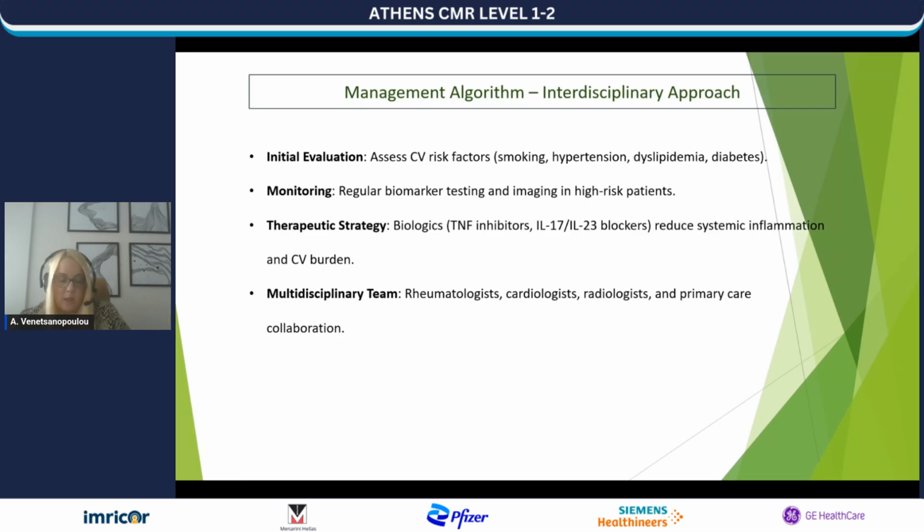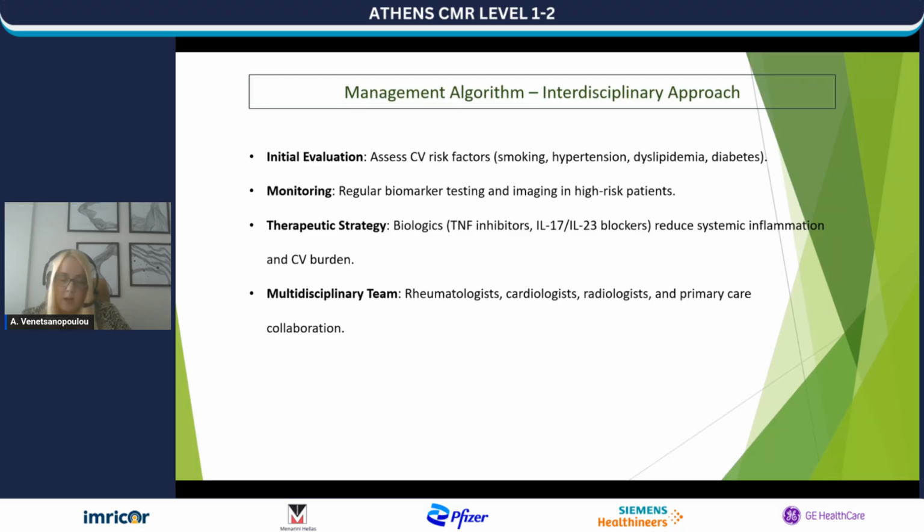At the same time, medications like glucocorticosteroids and NSAIDs need to be used with caution because they have potential effects on the heart. This is not something, of course, that a single doctor can manage alone. Rheumatologists, cardiologists, radiologists, and primary care providers must work together as a team so we can ensure that the patient receives comprehensive care for both joints and heart.